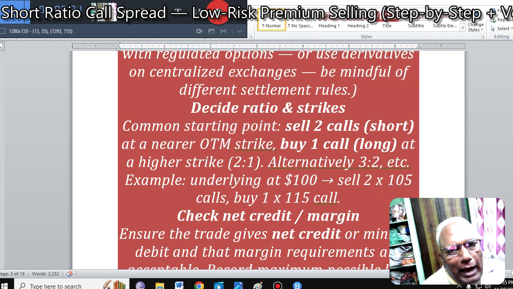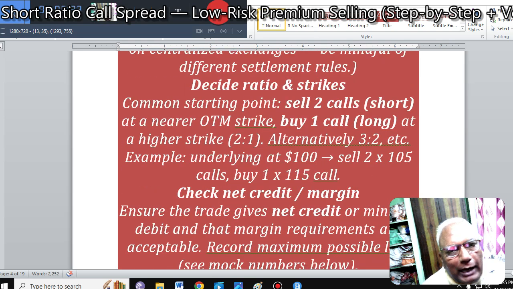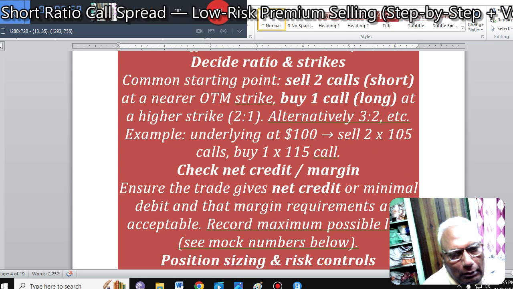Decide ratio and strikes. A common starting point: sell 2 short calls at a nearer OTM strike and buy 1 long call at a higher strike, 2:1, or alternatively 3:2, etc. Example: underlying at $100, sell 2 of the 105 calls, buy 1 of the 115 call.